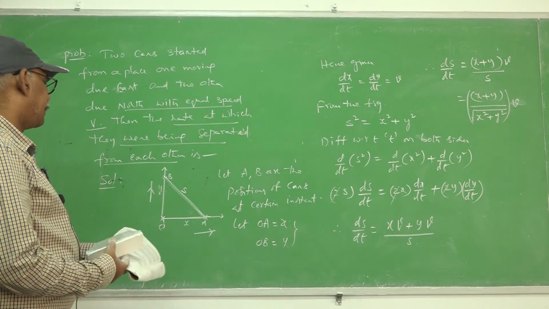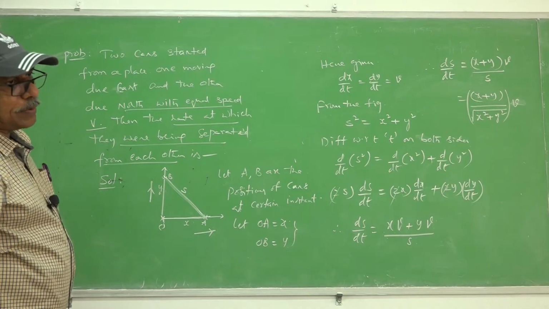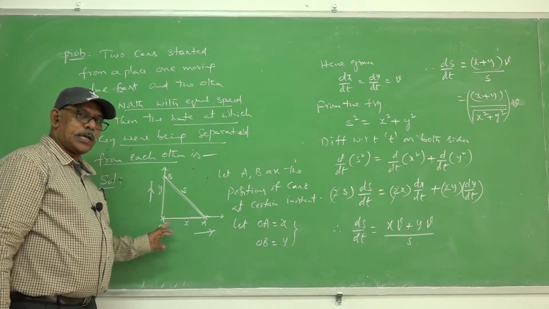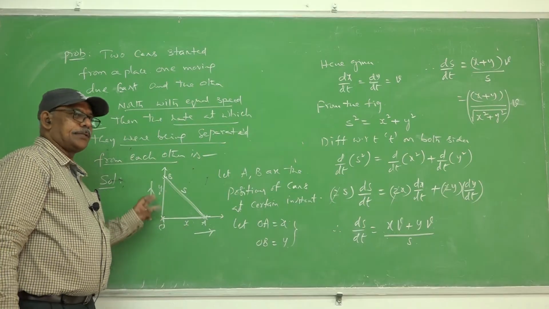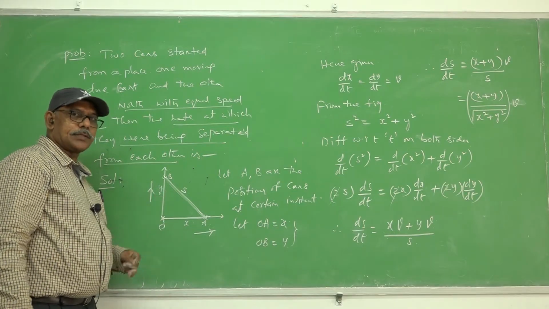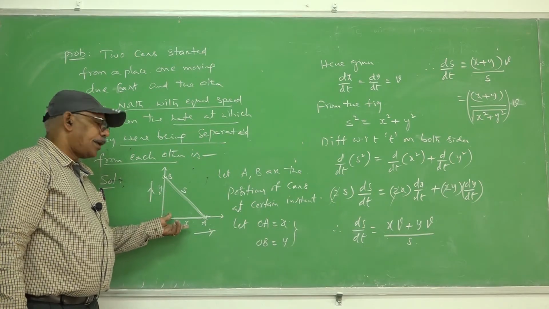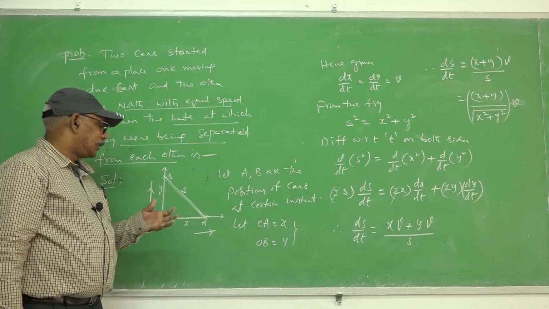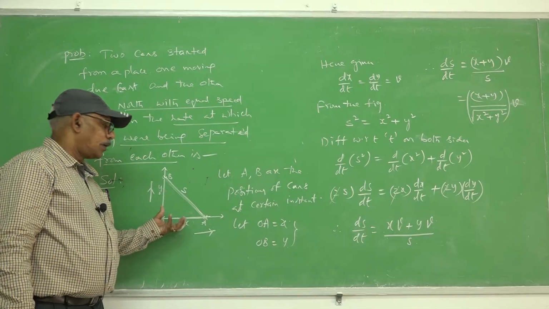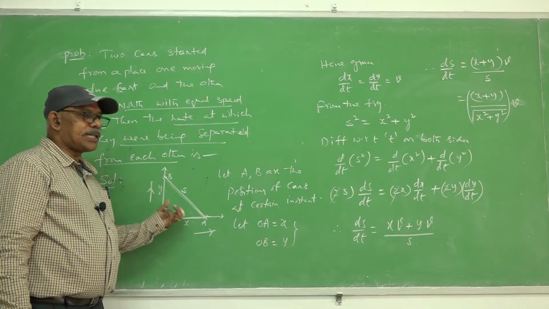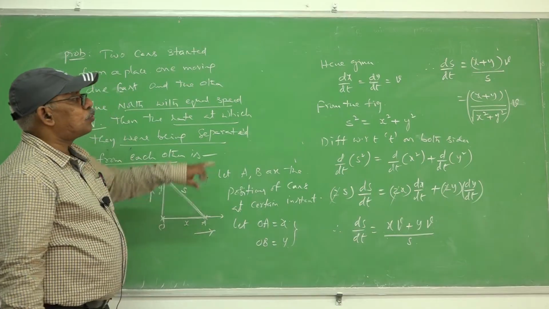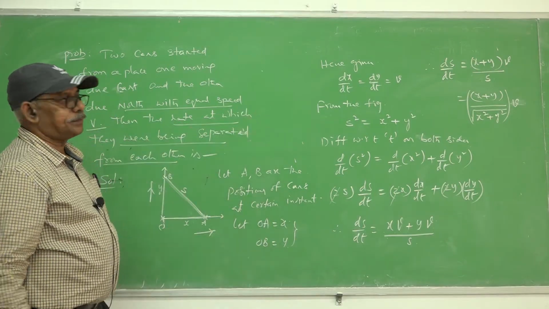Since they are moving with equal speeds, of course in different directions, the distances covered by the cars are equal in the same time. So you may take x equal to y in that relation.